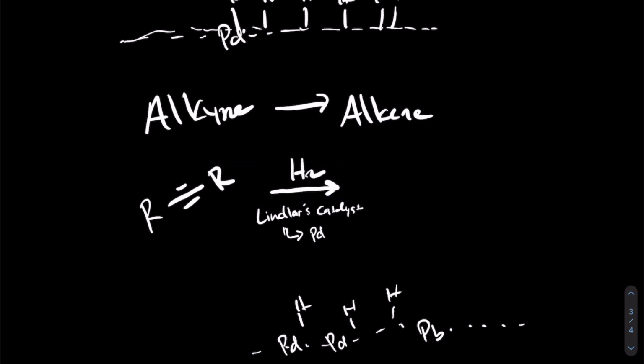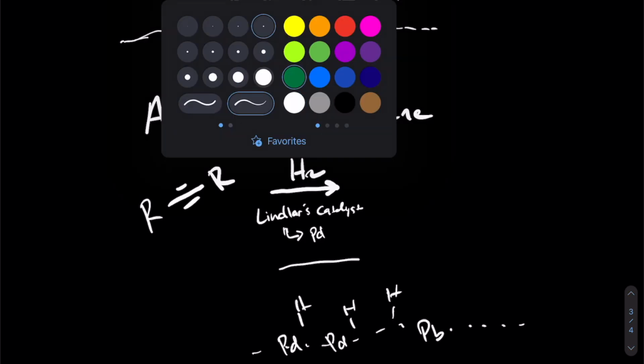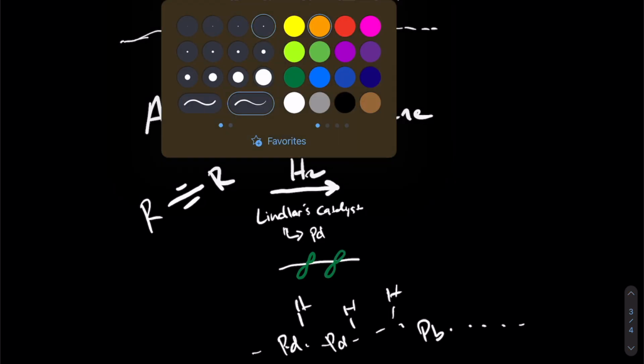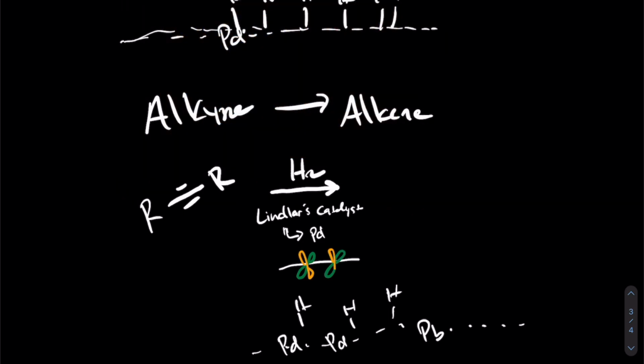We get this, and so now we have the same sort of approach that involves the pi bonds here and here. It's going to grab the first ones it sees, going down here, down there, down there.